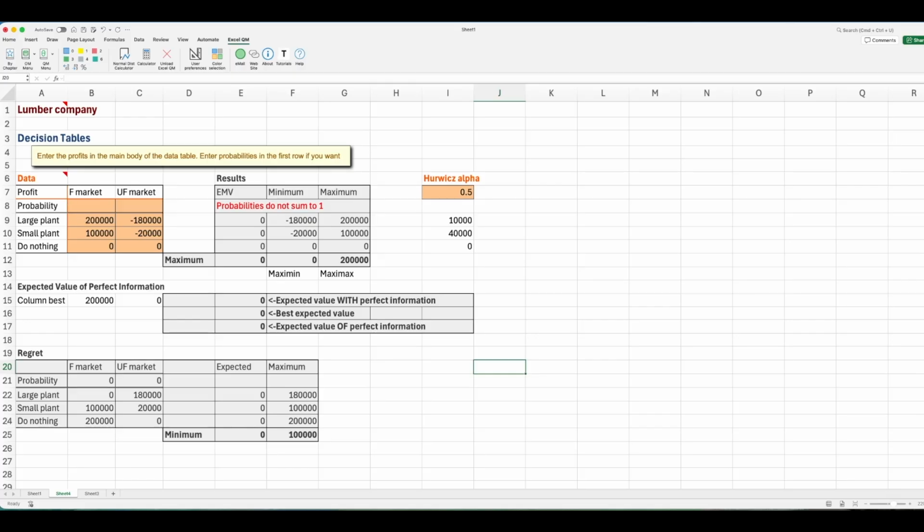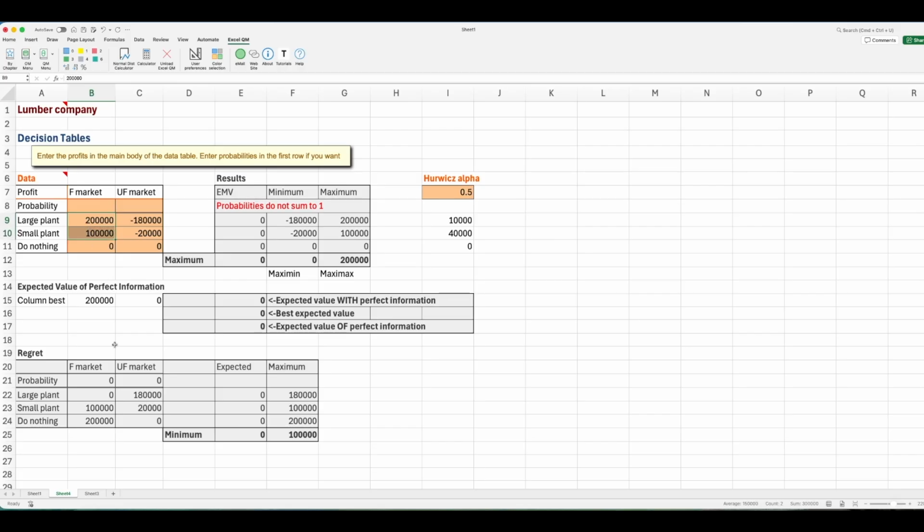In the minimax regret, we want to minimize the maximum regret. So here you have the regret table. The regret for choosing a large plant under a favorable market is 0. The regret for choosing a small plant under a favorable market is 100,000, because you could have chosen the large plant and made 200,000, but you chose the small plant and made 100,000.